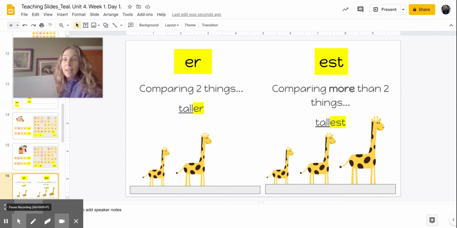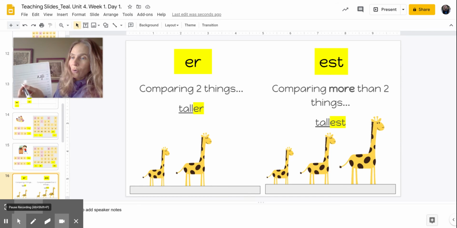So quicker. Let's tap out our base word, which is quick. Quick. Now we're going to write quicker. Ooh, let's see. I have a buddy letter there. Q-U always go together. Quick.